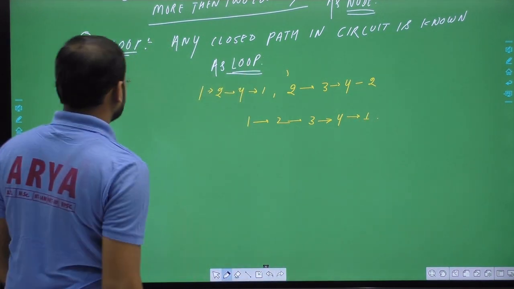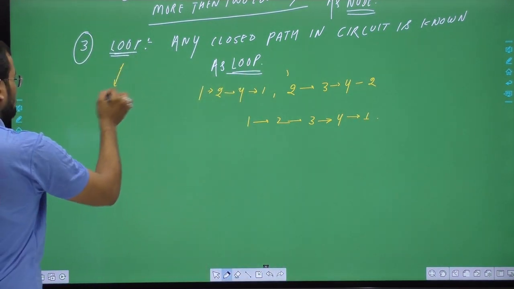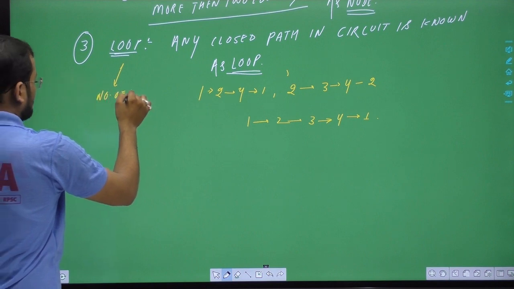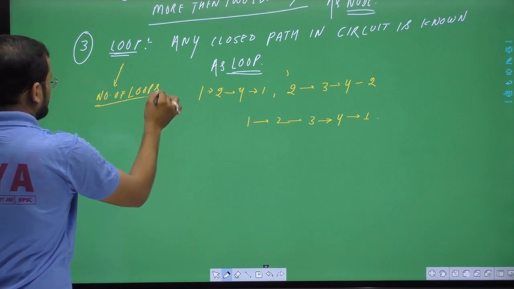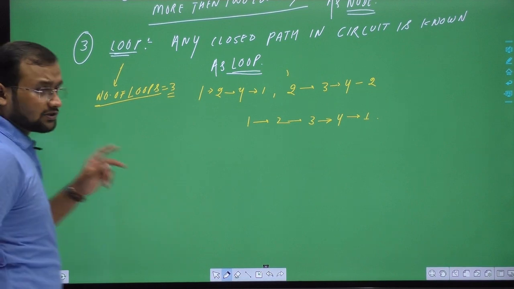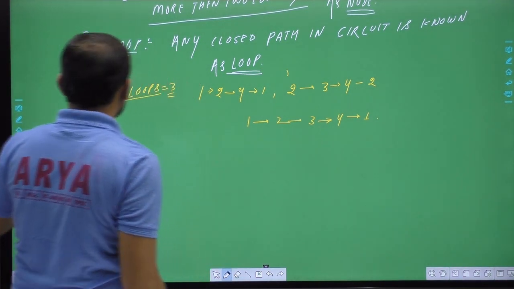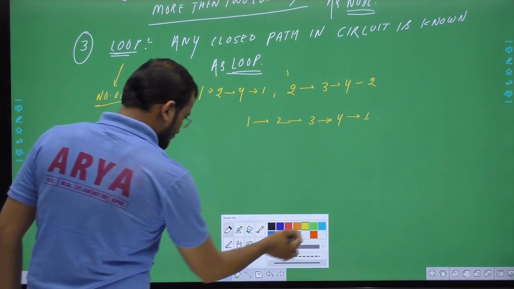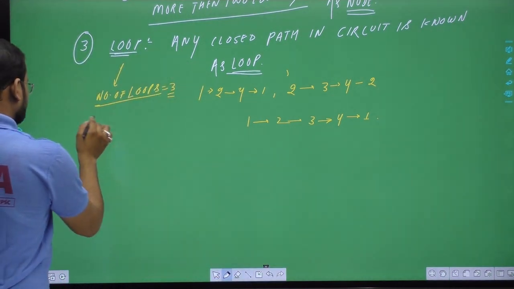So the number of loops is 3. Then the fourth one is mesh.